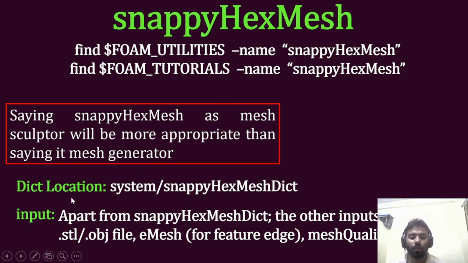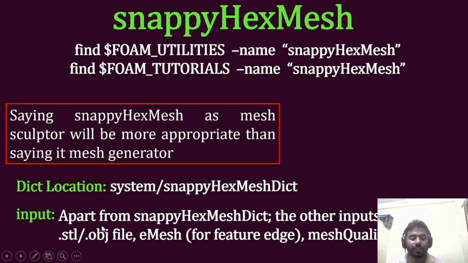Now, the snappyHexMesh dict should generally be present in the system folder, but again, it is not mandatory. You can put this dictionary in any folder, but it is advisable to keep it in the system folder.